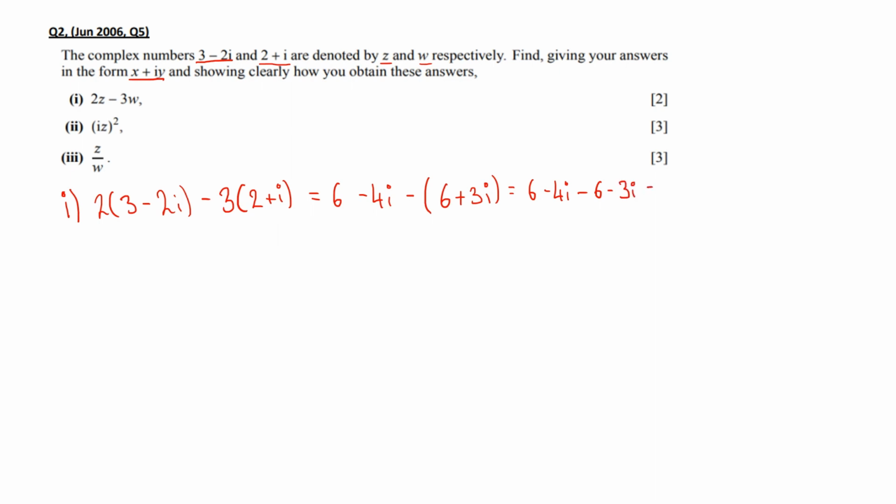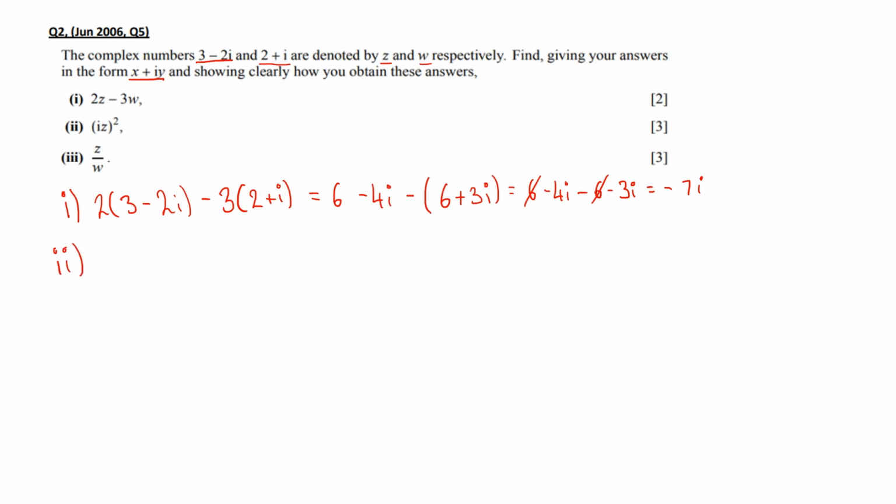And that is equal to 6 minus 6, that's going to cancel. And then minus 4 minus 3 is going to be minus 7i. That's the first one. Yeah, that's right. Okay, so let's go on.